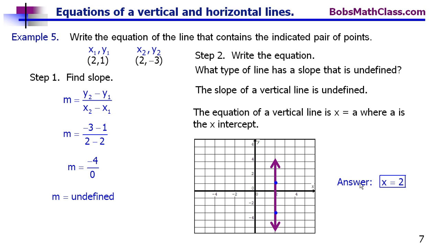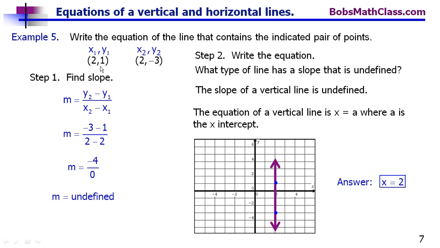The answer is x equals 2, and look at the x values. They're both 2, right? So whenever you have 2 points and the x value is the same, it has to be a vertical line going through that x value. So if this was (5, 1) and (5, -3), the answer would have been x equals 5. The x values are the same, it will always be x equals that value.